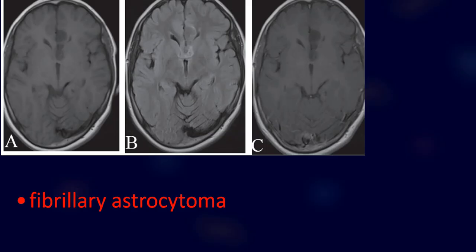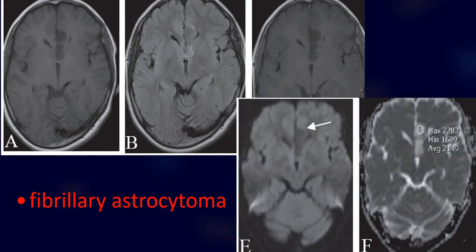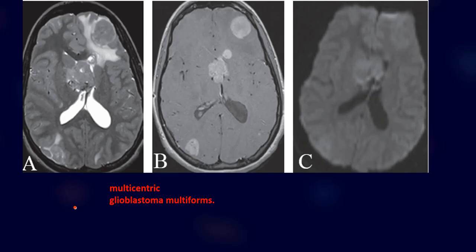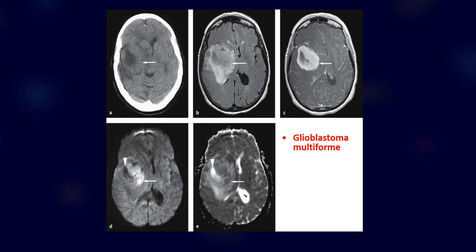Another, a low grade fibrillary diffuse astrocytoma, with facilitated diffusion and calculated ADC 2.1. On the other hand, multicentric glioblastoma multiforme shows restricted diffusion. Another glioblastoma multiforme: the solid enhanced part shows restricted diffusion, but the necrotic non-enhanced cystic part shows facilitated diffusion.